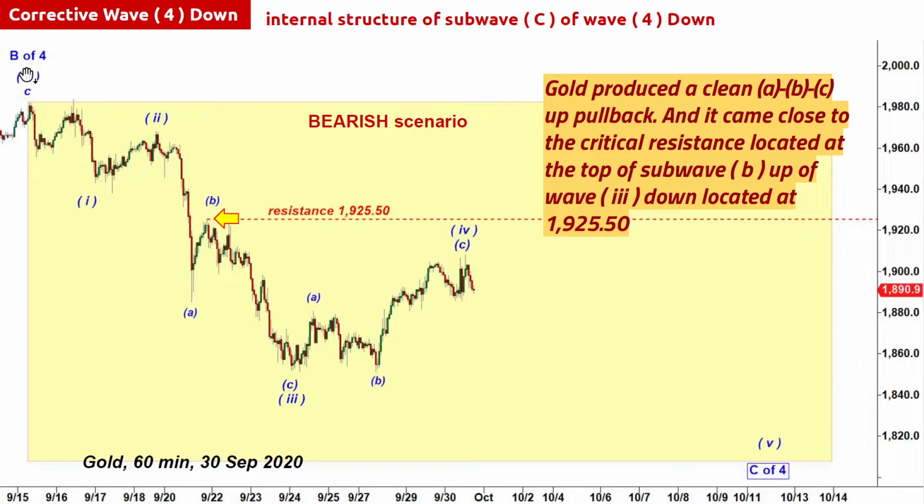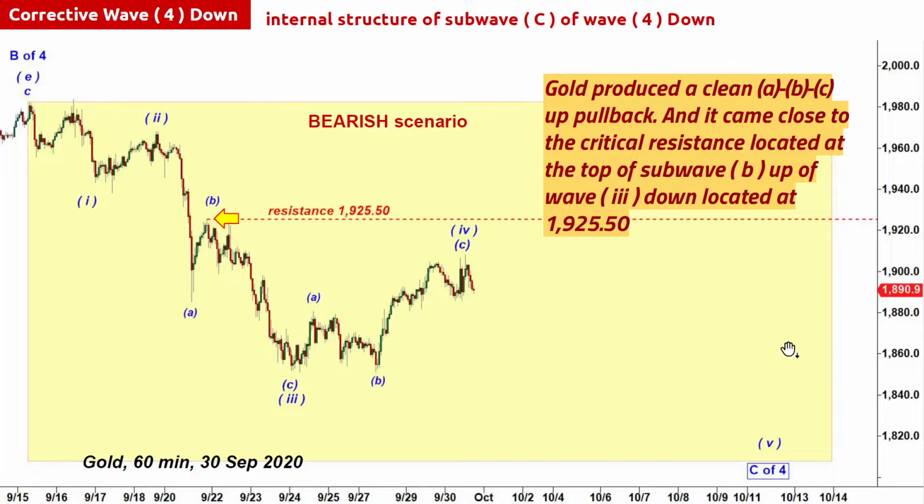And the bearish scenario did not want to consider that move down as completed. The bearish scenario argued that it was wave 1 down, 2 up, ABC of 3, ABC of 4 with another push down lower.